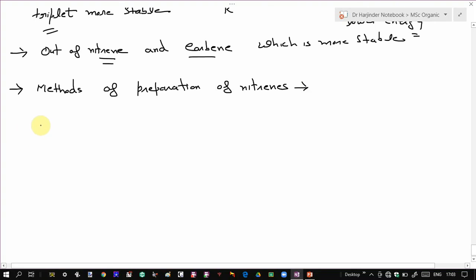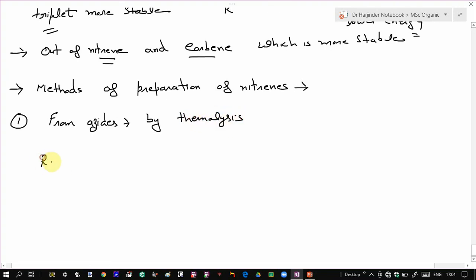So these nitrenes can be prepared by various methods, but the basic fundamental thing is there's a loss of two groups, one with a bond pair of electrons and another without a bond pair of electrons. So the very first method is we can prepare these nitrenes from azides. We can prepare nitrenes from azides by thermolysis.